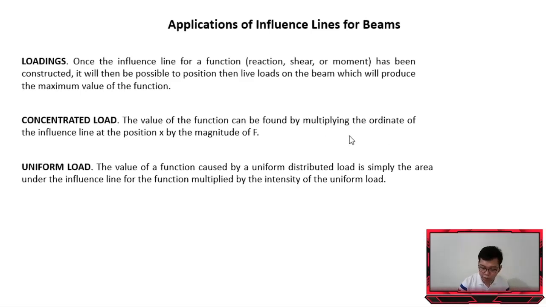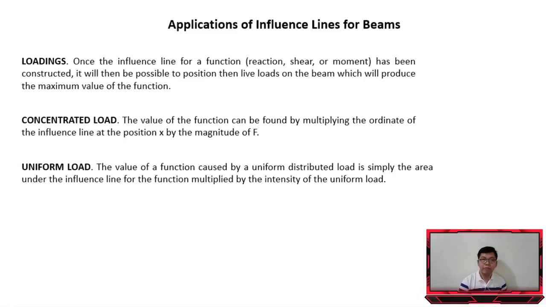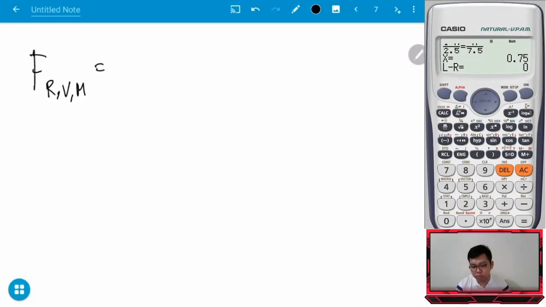So, yung function natin, either pwedeng R, reaction, pwedeng shear, pwedeng moment, depende na yan. The value is pwedeng i-multiply yung concentrated load P natin by the ordinate. Ganun lang.